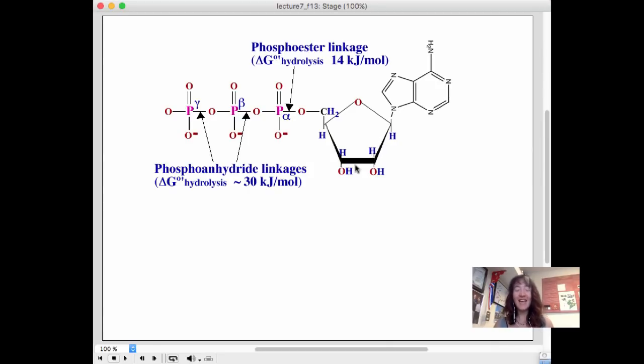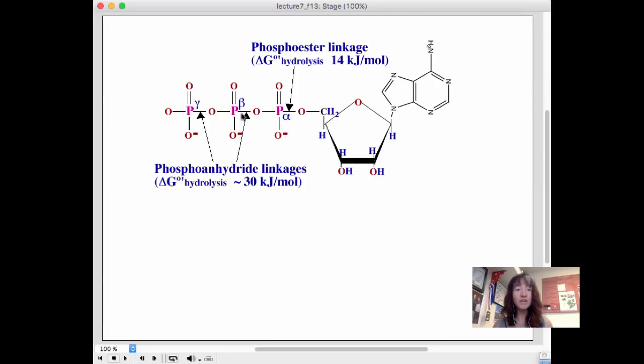So notice that ATP looks like exactly what you thought it was going to look like because it's adenosine triphosphate. So you're recognizing the ribose ring. It's not deoxy, right? Has a hydroxyl in position 2. So you've got the ribose ring, and then notice at position 1 you've got the adenine base. That's what makes it ATP and not something like GTP. If you put a guanine there, it would be GTP.